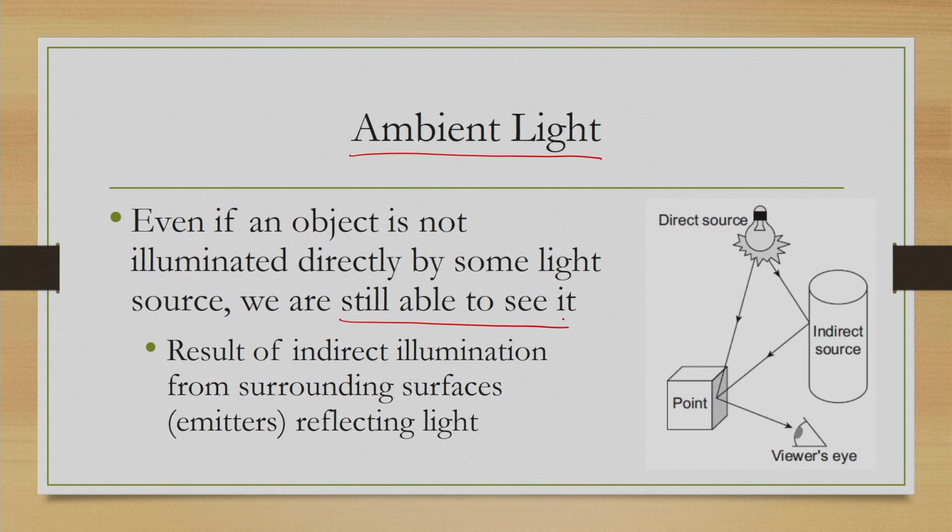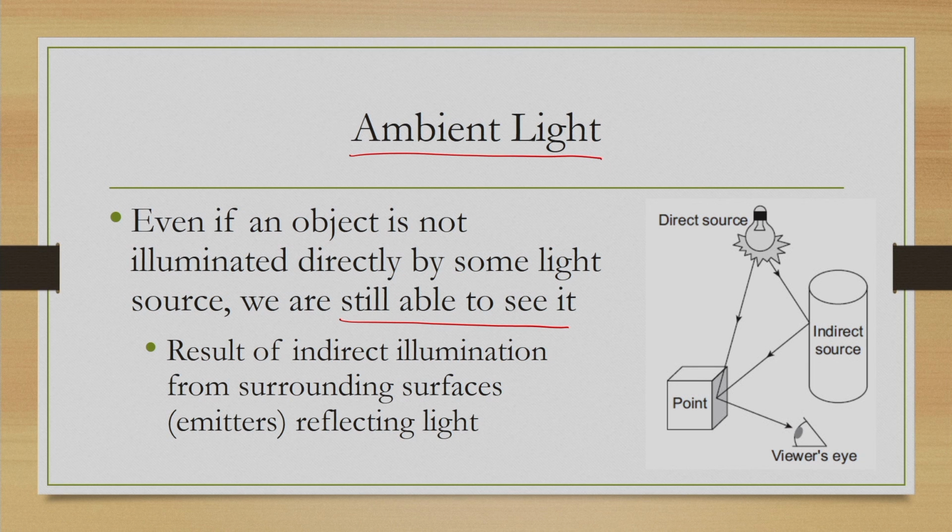How? Because the light emitted from the light source gets reflected by other objects that surround this particular object of interest, and that reflected light falls upon the object of interest and then comes to our eyes, and we get to see that particular object.